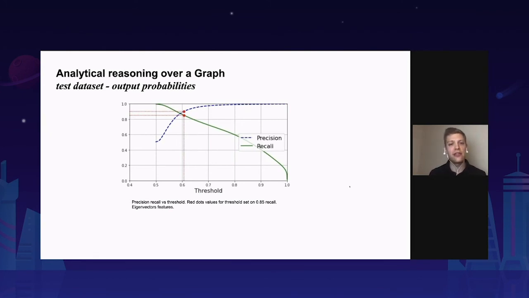I selected the threshold for probabilities to say that a given edge is true to give me a recall of 85%. In this chart, you can see precision and recall versus threshold, and this 85% recall threshold is marked with the red dot.